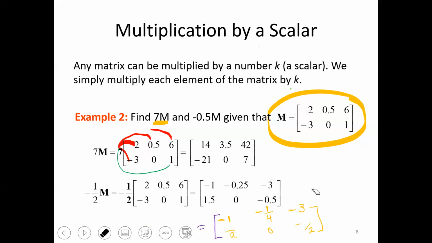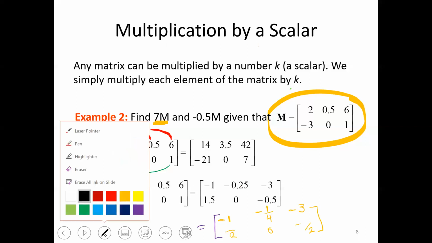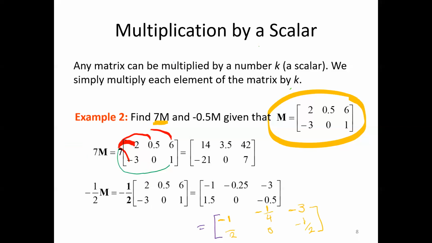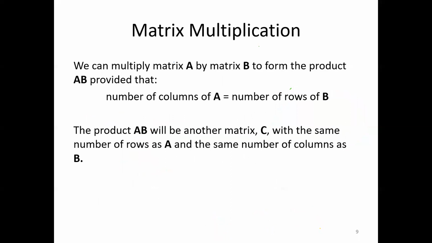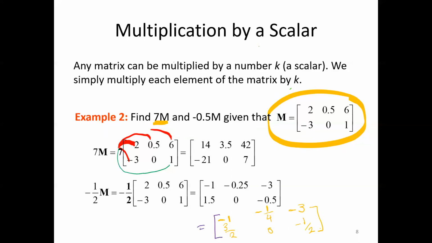So this is minus 1, minus 0.25, it's same as minus quarter, minus 3, minus 1/2 is same as minus 0.5. This is just 1, 3 over 2, same as 1.5, and 0. So this is just to explain to you why it's written as decimals or a fraction. Both are the same thing.